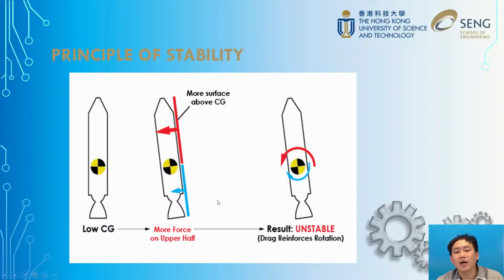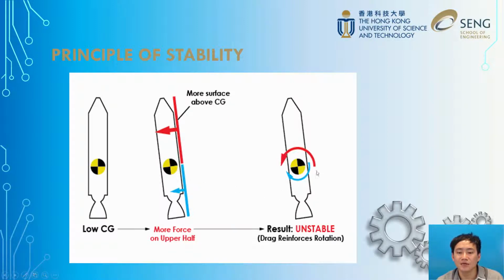So the combined effect is that you will have a larger force turning this rocket further than the restoring moment generated from the bottom part, which is below the center of gravity.